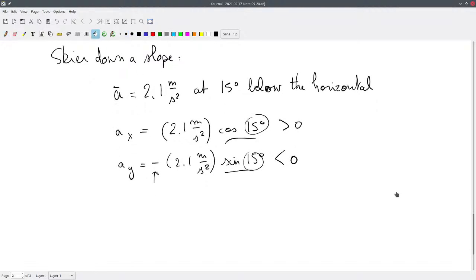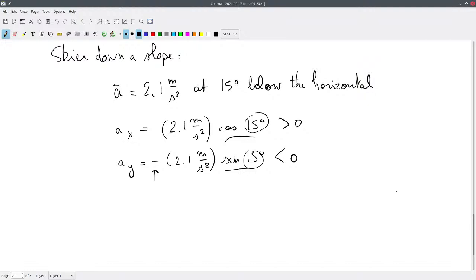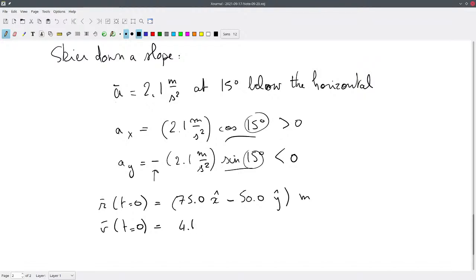So now let's add two more bits of information. Let's say that at time t equals 0, we know that the skier started at 75.0 meters in the x direction, minus 50.0 meters in the y direction, and that the initial velocity at this time 0 that the skier had was 4.1 in the x direction and minus 1.1 in the y direction in meters per second.